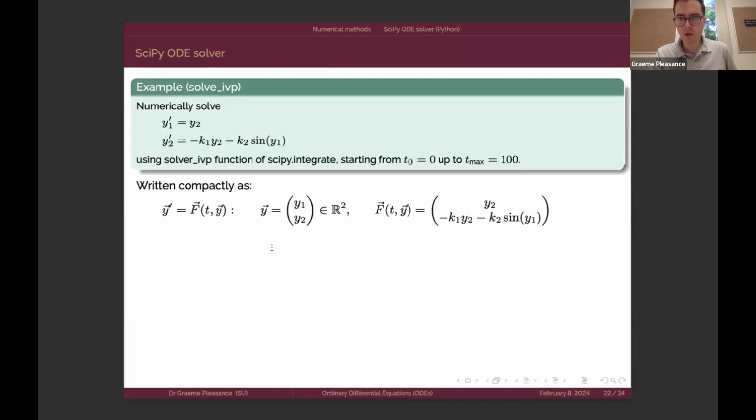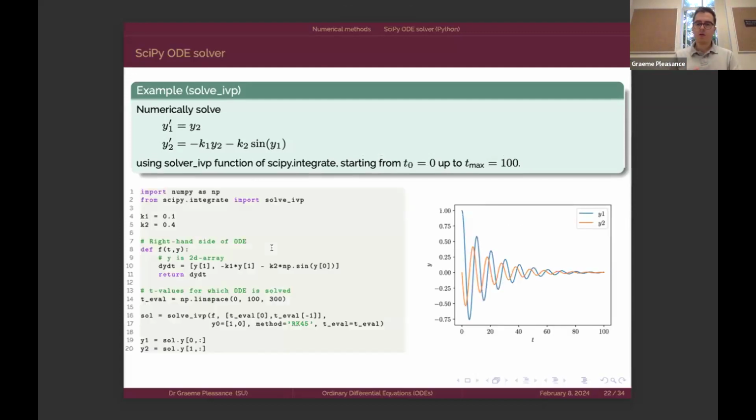Okay, so how do we now apply our function to solve this system of ODEs? We again import this function in the same way. And to mention here, K1 and K2 are just arbitrary constants. In this example, I've set K1 to be 0.1 and K2 to be 0.4, more or less arbitrarily chosen values.